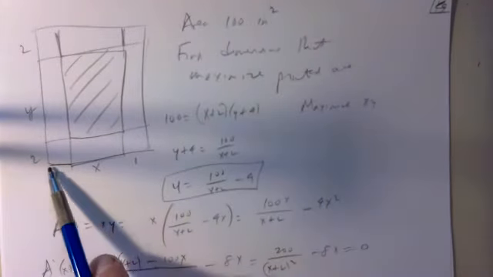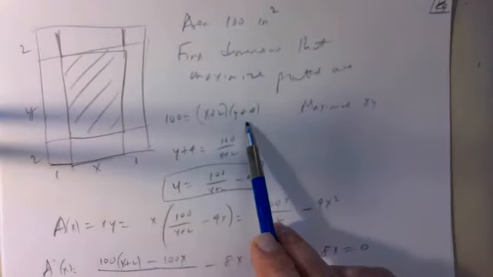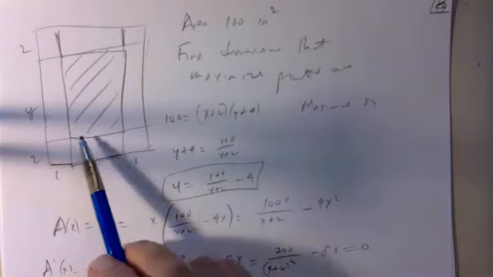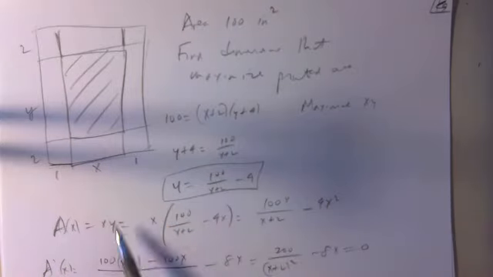So the total area of the poster is 100 square inches. So if x plus 2 and y plus 4 are the dimensions, that's 102. And what you want to maximize is the area of the printed part, which is x times y.